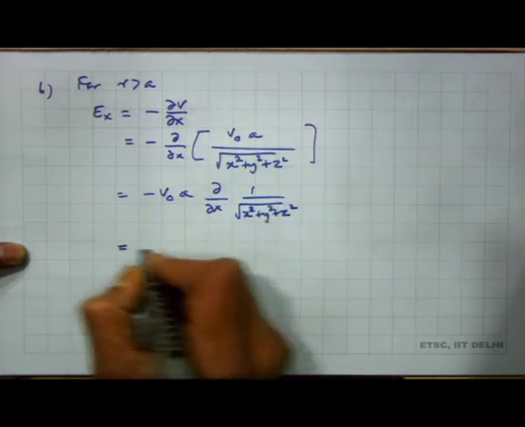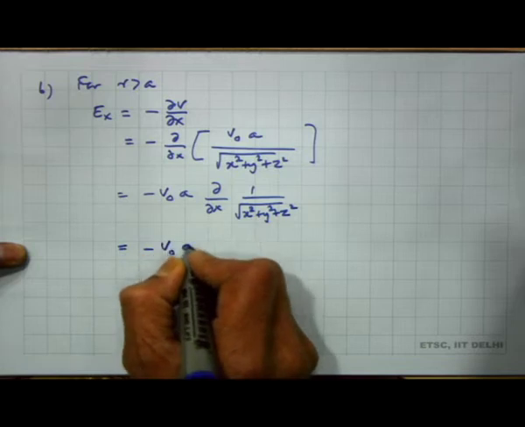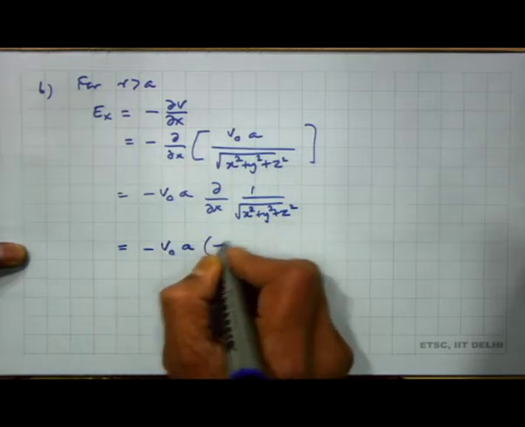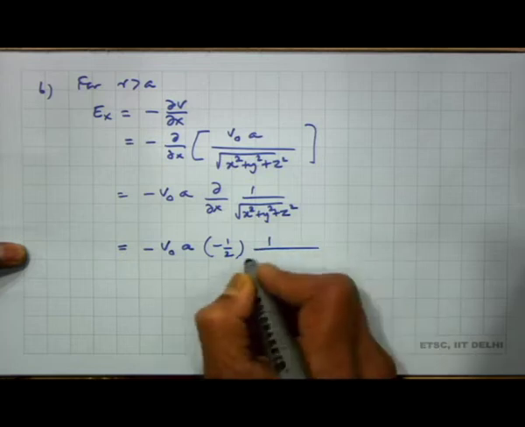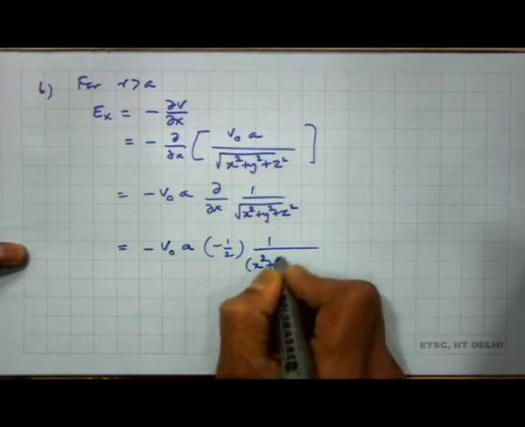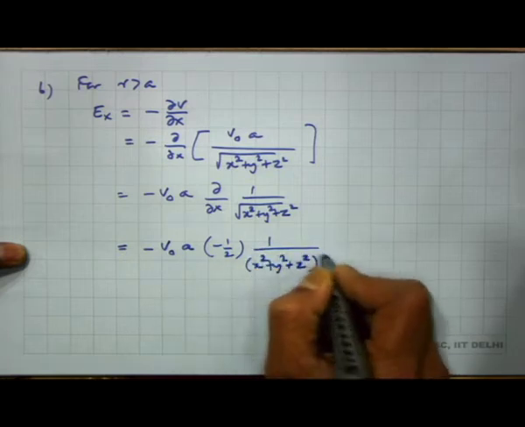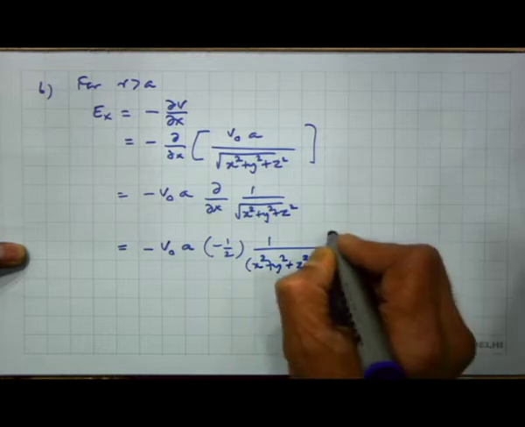This is a simple differential. So, minus V naught a into minus half, 1 by (x square plus y square plus z square) raised to the power 3 by 2, into 2x.